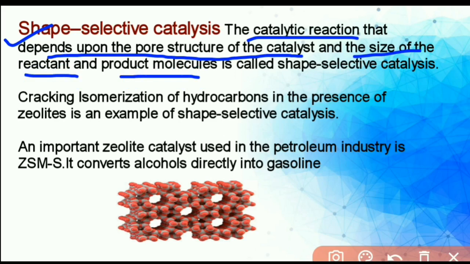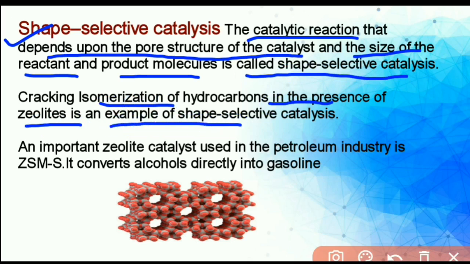Therefore they fit in the pore structure and the chemical reaction occurs. So it depends on the structure and size of the reactant molecule, and therefore it is called shape selective catalyst. For example, cracking and isomerisation of hydrocarbons in the presence of zeolite is an example of shape selective catalysis.